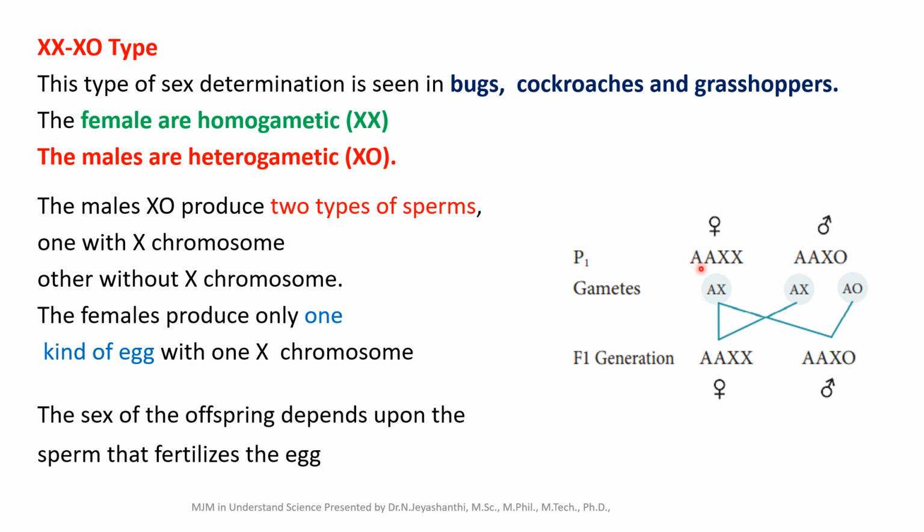Here A mentions the autosomes. XX is the sex chromosome present in the female, AA autosomes. XO is the sex chromosome present in the male. If this sperm fuses with the egg, it will produce male. If this one fuses, it produces female.